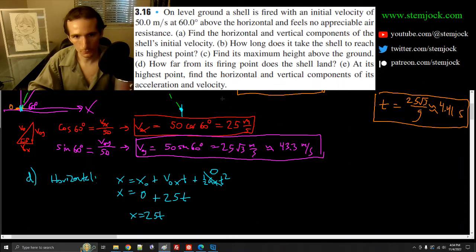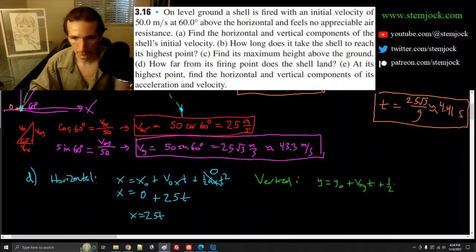So one way to do this is to consider the vertical motion now. The corresponding equation is going to be y equals y naught plus v0y t plus 1/2 ay t squared.